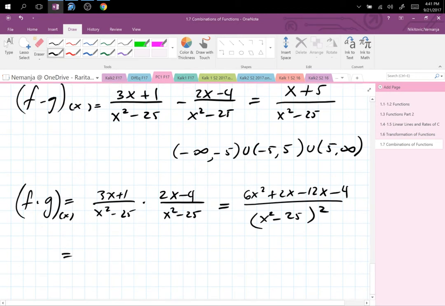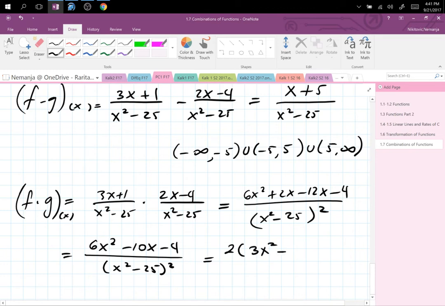So this is all equal to (6x squared minus 10x minus 4) divided by (x squared minus 25) squared. We can factor out 2 on top to make it simpler, but we can't do much.